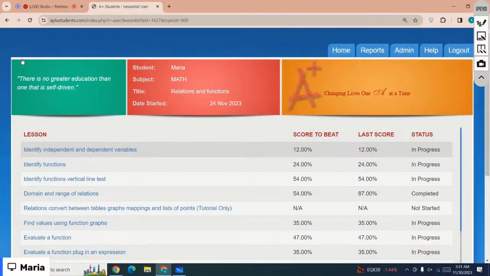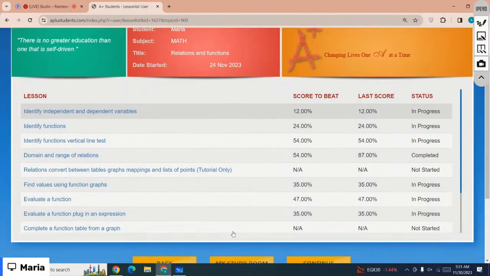And the next lesson is complete a function table from a graph.